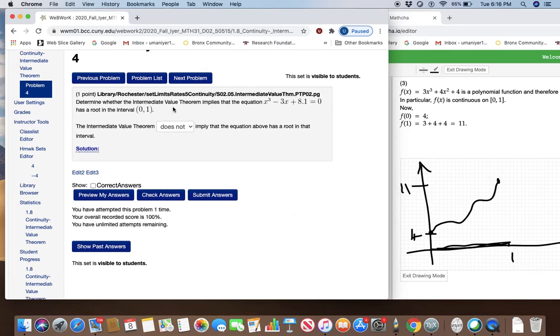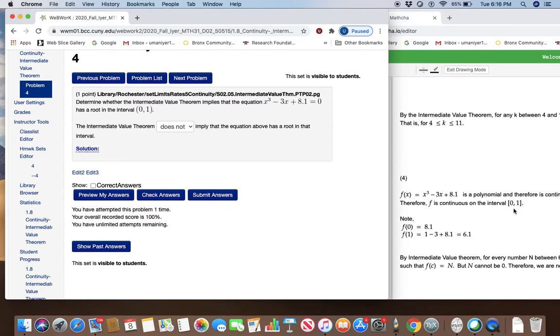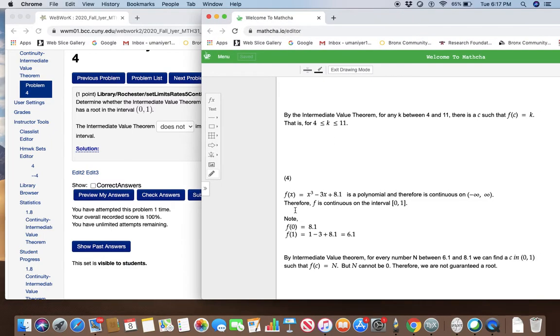Determine whether the intermediate value theorem implies that this equation has a root on the open interval 0, 1. Because we are looking for a root here, you want to consider the closed interval 0, 1 to begin with. Intermediate value theorem looks at closed intervals. Suppose f(x) is this function.